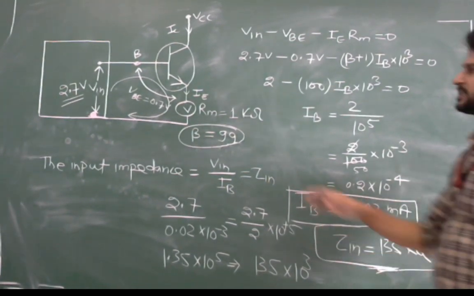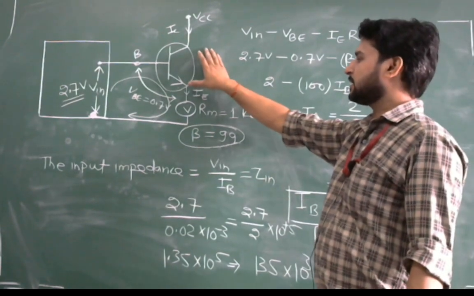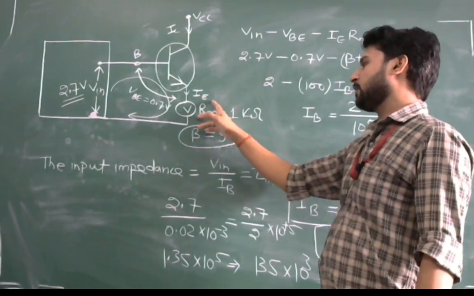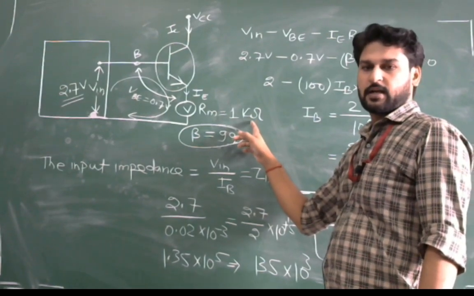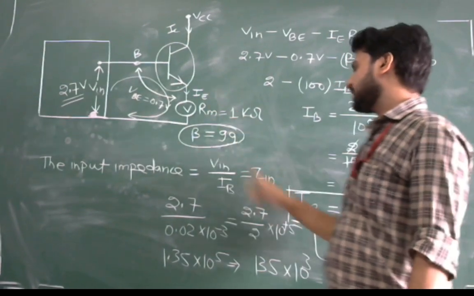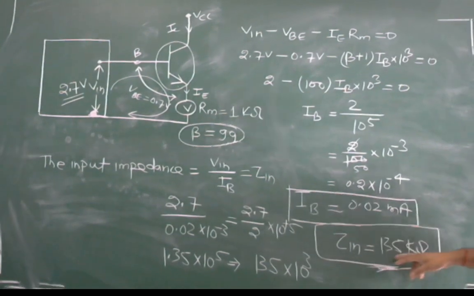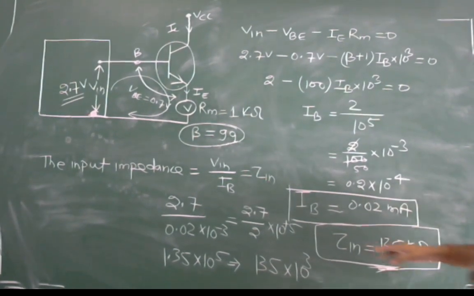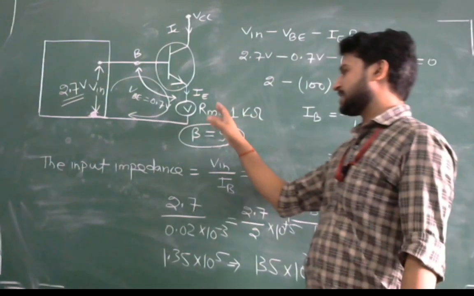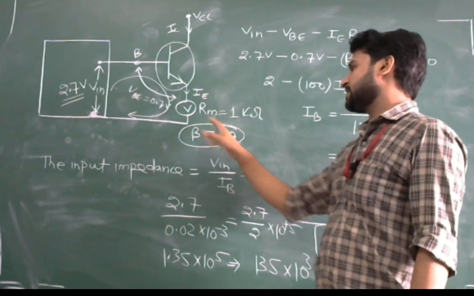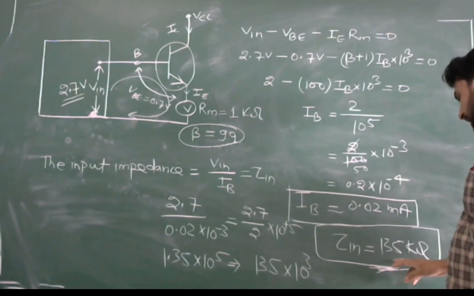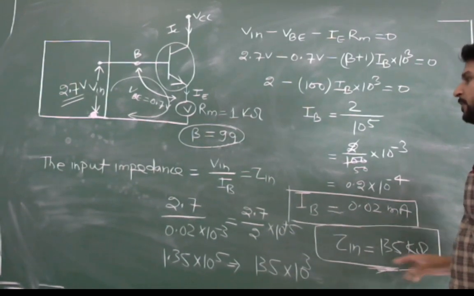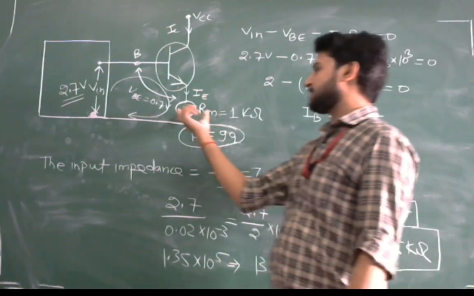If I am not using this transistor, the input impedance of the voltmeter will be 1 kilo ohm, and after using this transistor, this value becomes 135 kilo ohm. That means the input impedance of this voltmeter has been increased by 135 times.